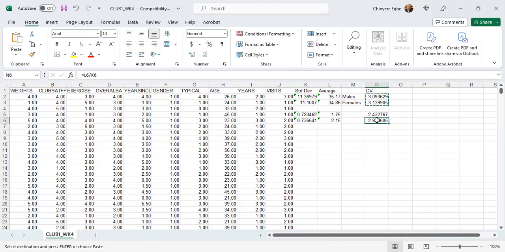What could be the reason why, even though the females visit the gym more than the males, the variation in the number of visits is less consistent than that for males, right? Yes. It could be any number of reasons.